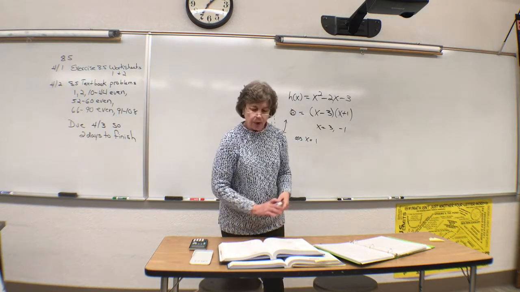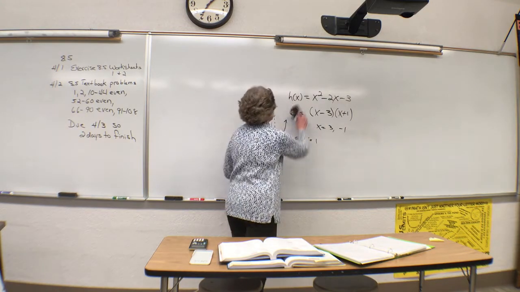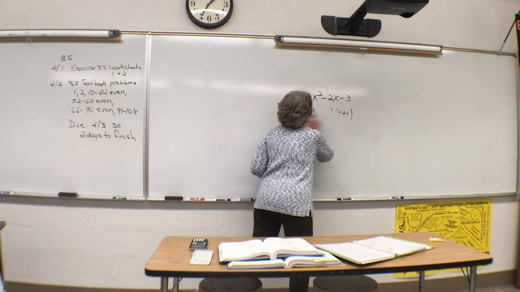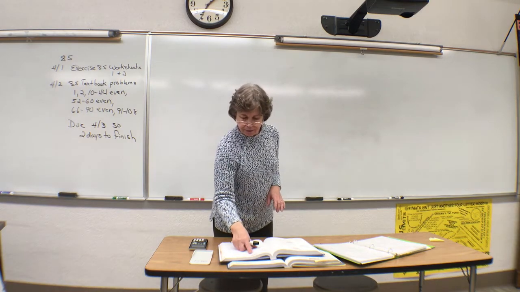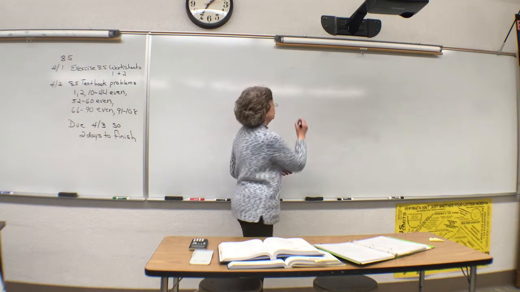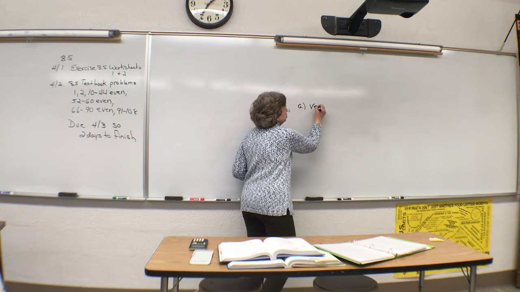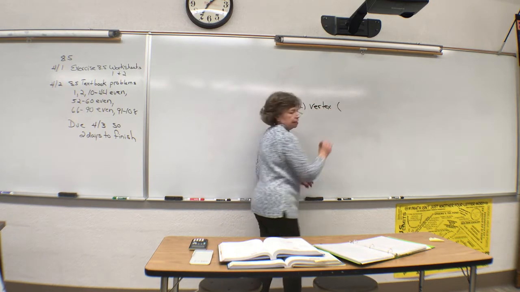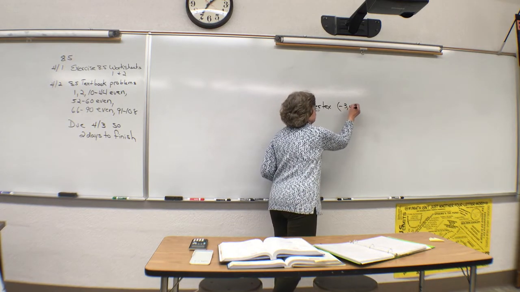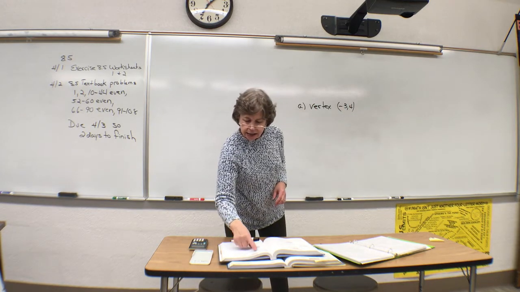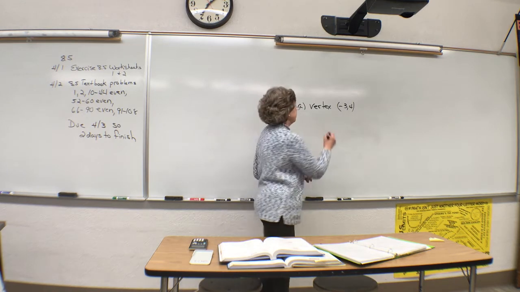Example 6, if we write quadratic functions given the things that we're looking at, it has to have a vertex, through some points.